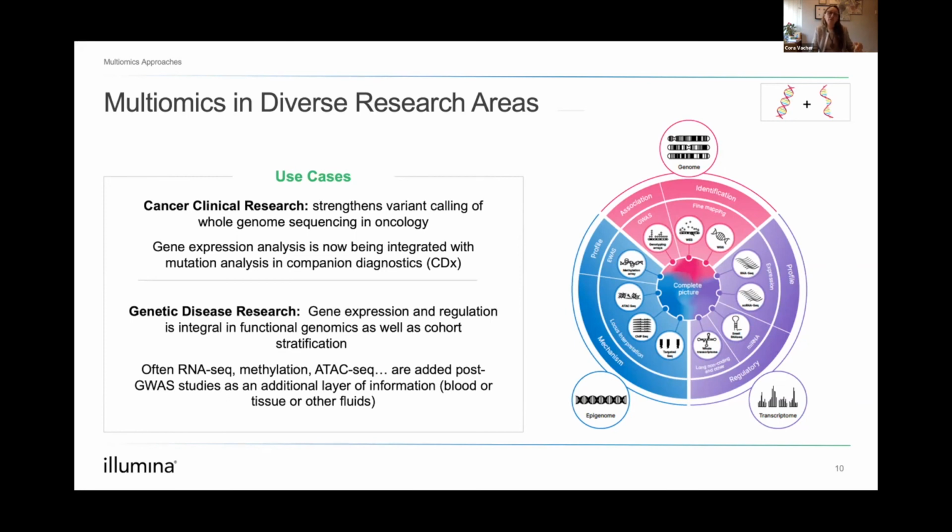In terms of common complex disease outside of cancer, integrating gene expression and regulation is going to remain an integral part of understanding the functional genomics and stratifying the cohort into more and more subphenotypes for the disorder.